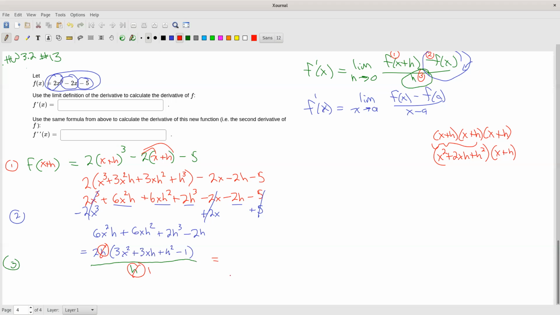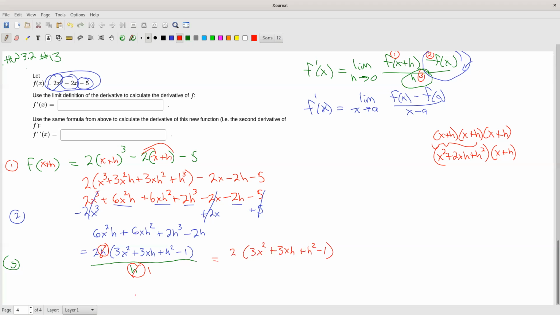So this right here is, the 2 is still there, parentheses, 3x squared plus 3xh plus h squared, minus 1. Everything that was in the parentheses is still there. I just lost the h, but I still have the 2. Who cares? Okay, step 3.